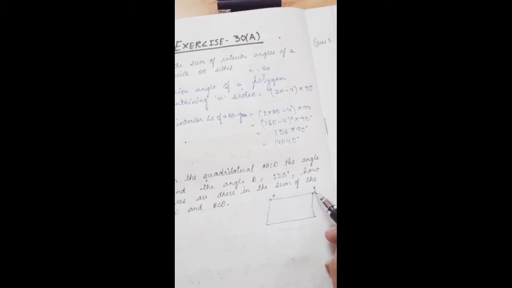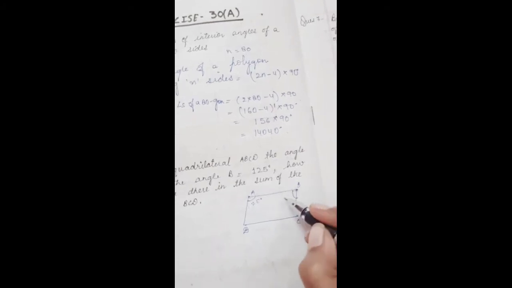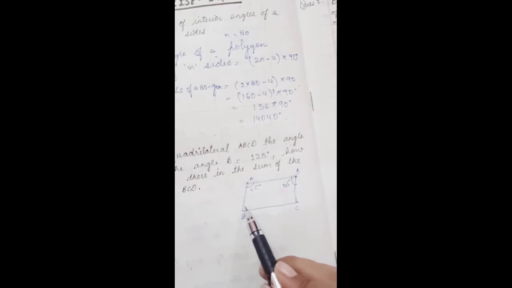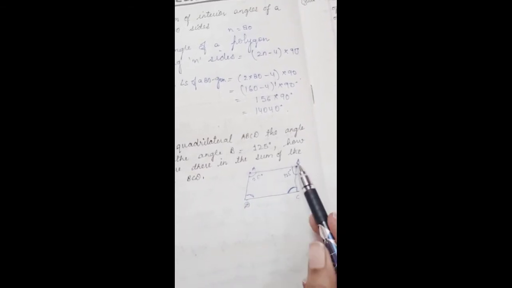Suppose this is a quadrilateral A, B, C and D. It is given that A is 78 and B is 125. And what we have to find? We have to find the sum of these two angles ADC and BCD. So we all know that the sum of all four angles of a quadrilateral is equal to 360 degrees.